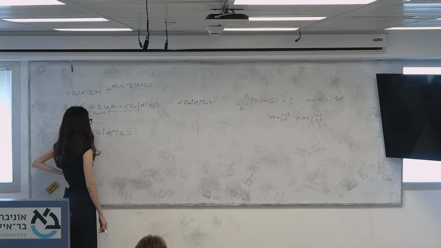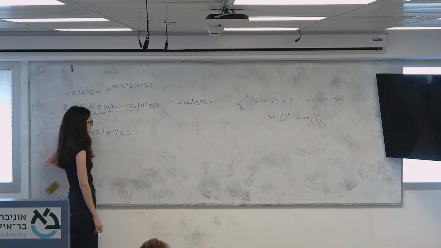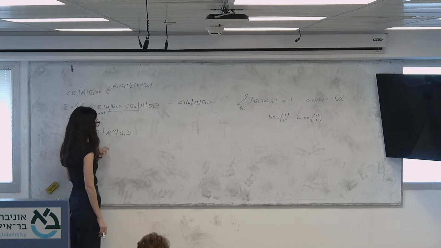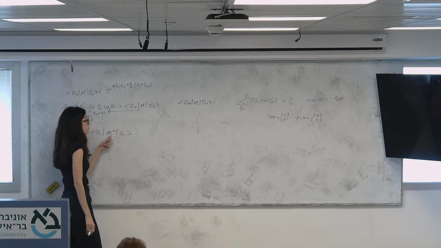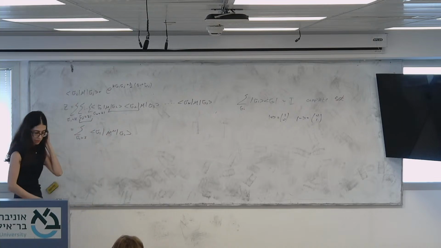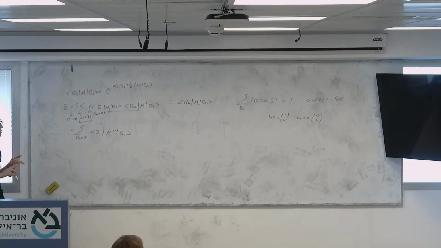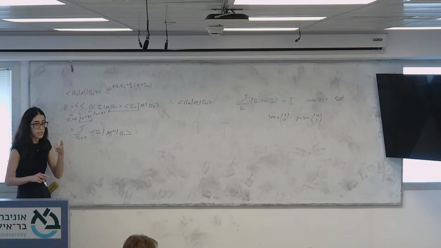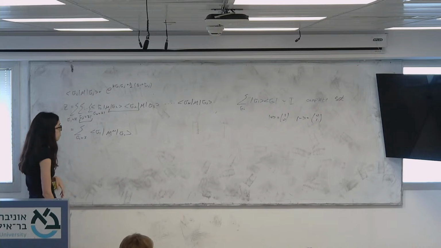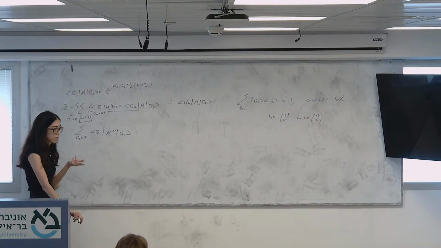Okay, so now we know that M, the transfer matrix, is supposed to be a 2 by 2 matrix because we only have two possible states for sigma. So that's the only thing that it can be. So it's a 2 by 2 matrix, which means it has two eigenvalues.